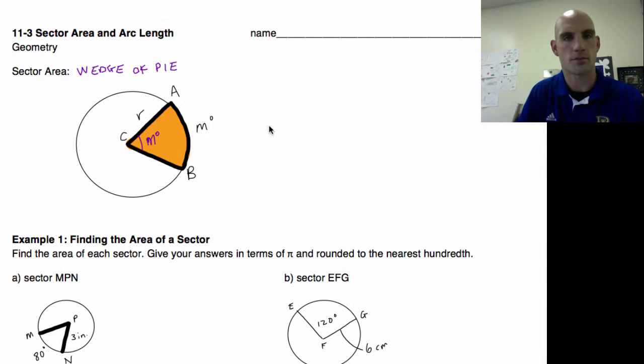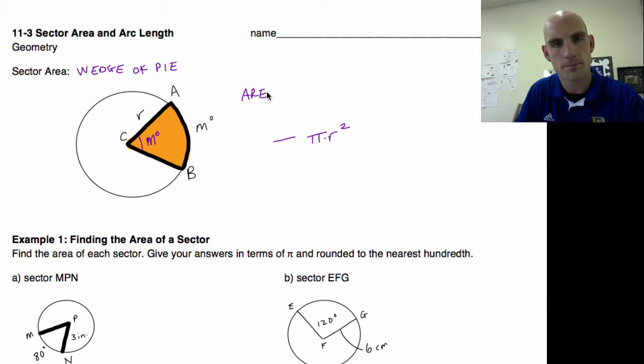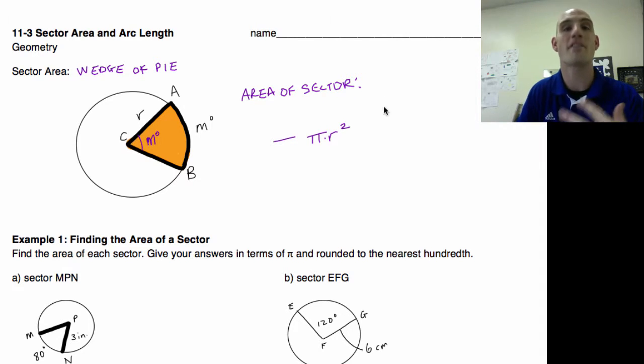Anything we measure in a circle is going to be out of the whole area, so we need to know what portion. The whole circle is represented by pi times radius squared, and that's the whole area. Unfortunately, when we're finding the area of a sector, we don't have the whole circle.